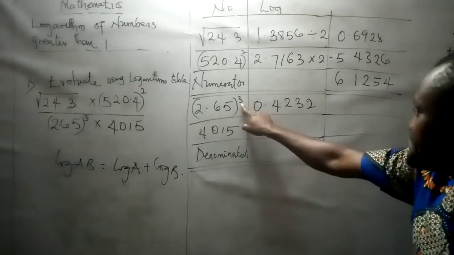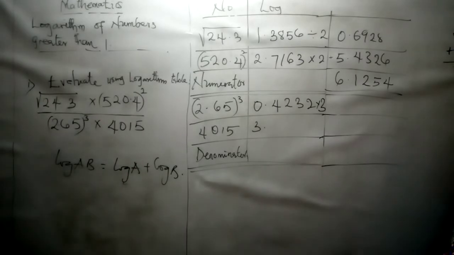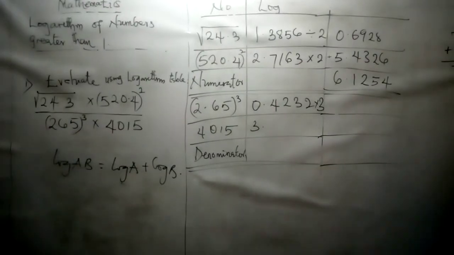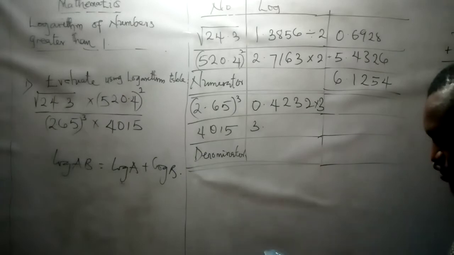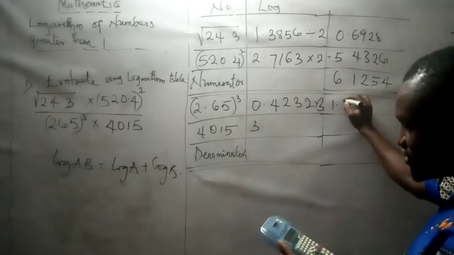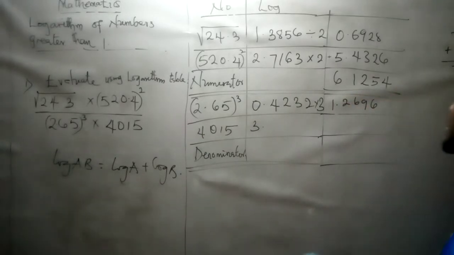Now because of this power 3, we multiply by 3. 0.4232 times 3. It gives 1.2696.